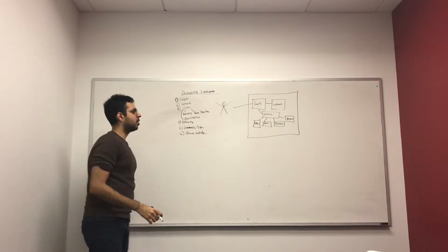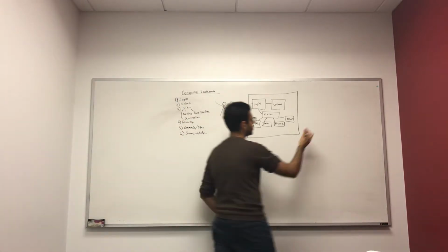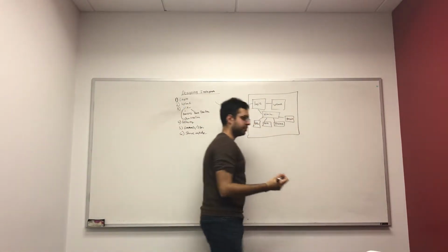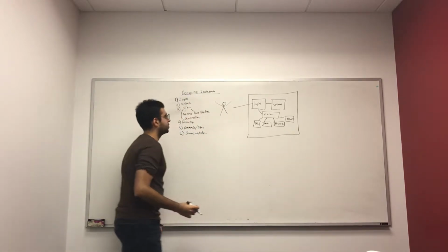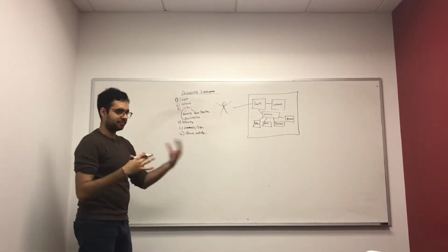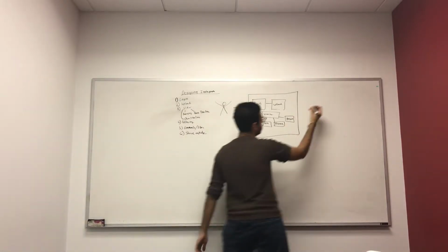So let's think about how we can represent our users. One way to represent our users would be to think about the attributes of what we would like to store. So we have a user.